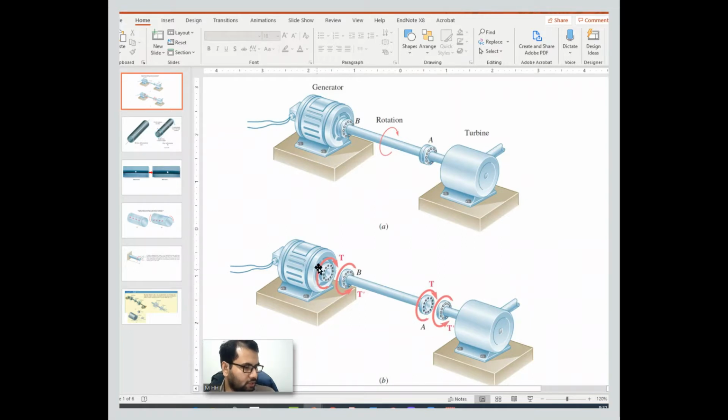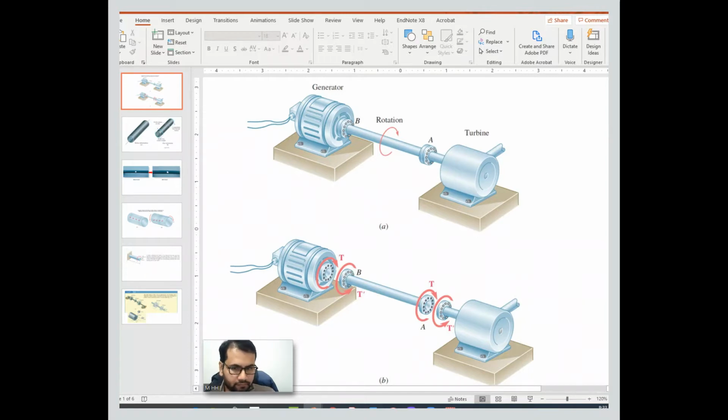Similarly, this one is clockwise, and this shaft experiences torque at one end anti-clockwise and the other end clockwise. So as a result, this AB shaft experiences twist.